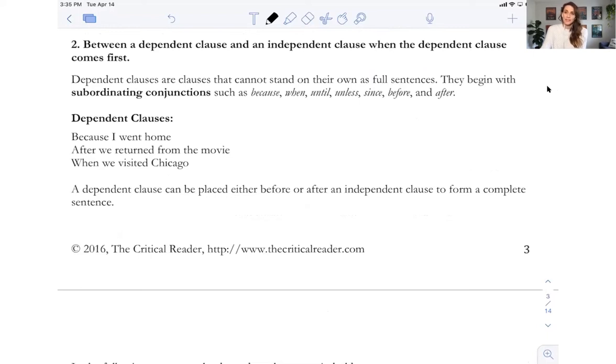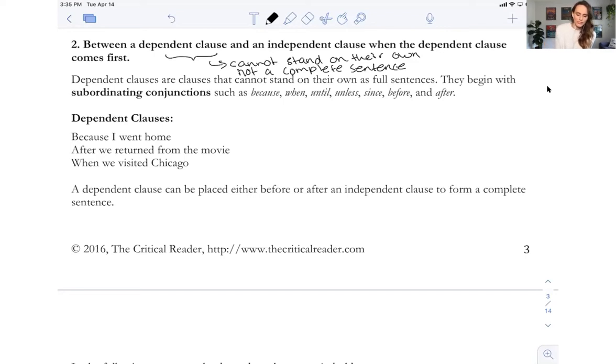So what is a dependent clause? That's going to be something that cannot stand on its own, alone. So not a complete sentence. An incomplete thought, basically.